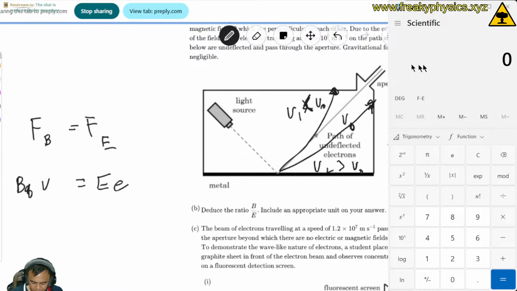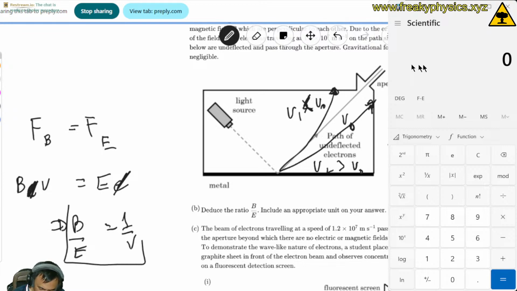In case you're wondering where I got that formula, that is basically the same as saying BIL. But our Q, by the way, is the electron charge again, so we can see that the e's cancel out. So what is B over E? That's just equal to 1 over v.